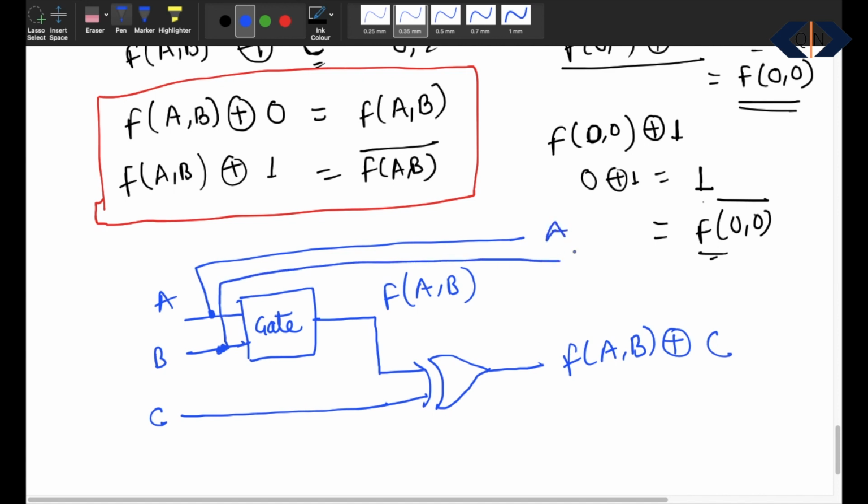So now we will have 3 inputs and 3 outputs.